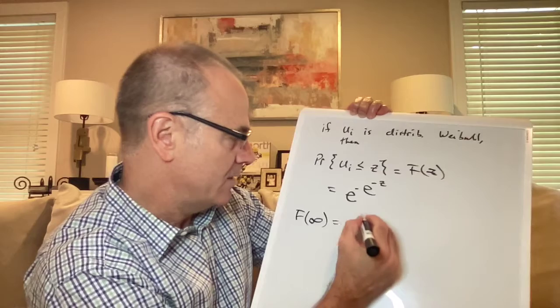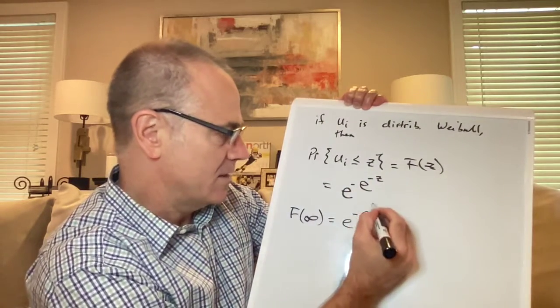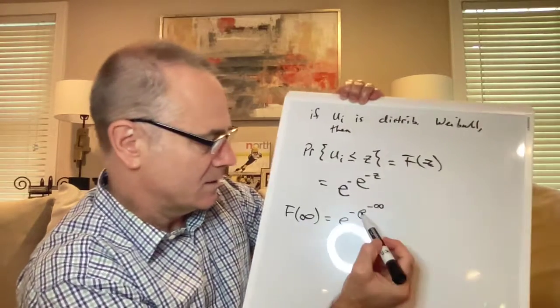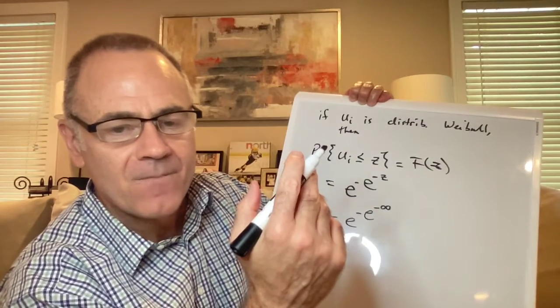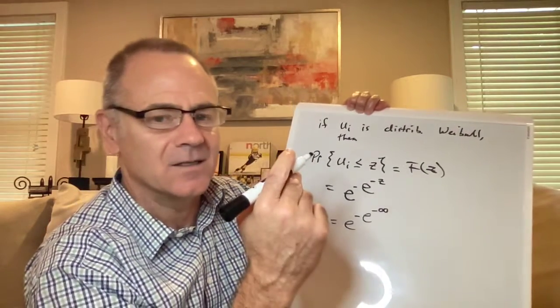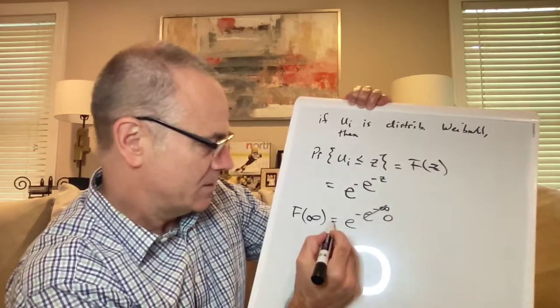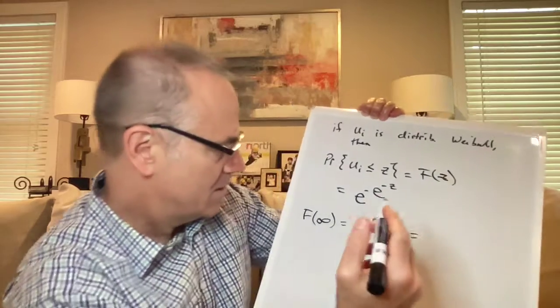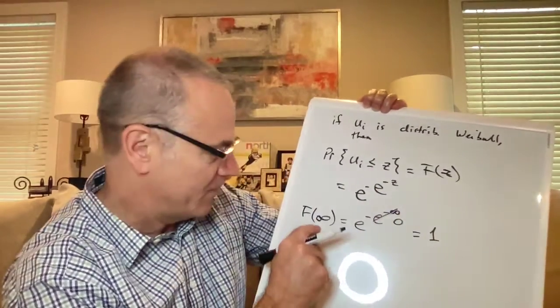That should equal e to the negative e to the negative infinity. And e to the negative infinity has got to be 0. So this simplifies to e to the negative 0, which is just e to the 0, which is 1. So it works. F of infinity equals 1.